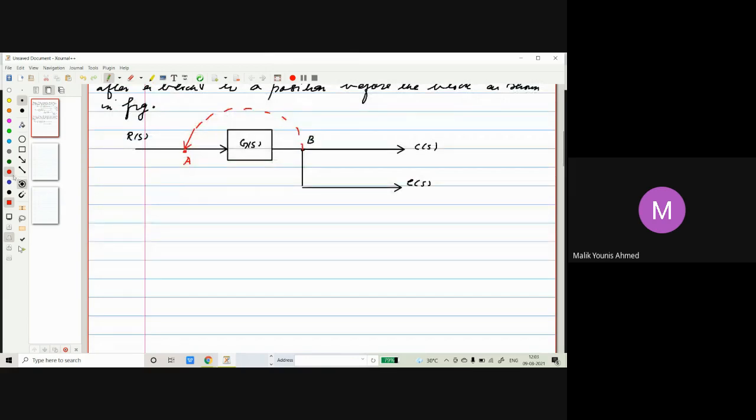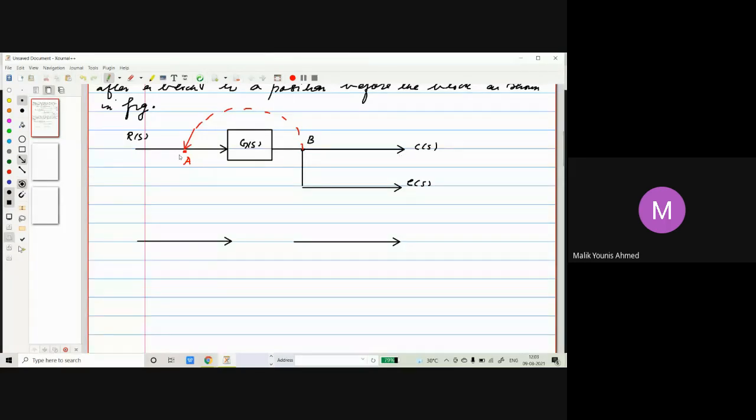Now again, I'll be drawing. This branch I am not going to change. That means R(s), G(s), and C(s) will remain intact.